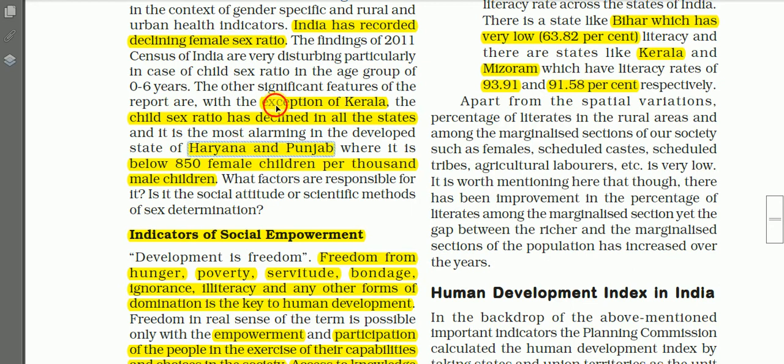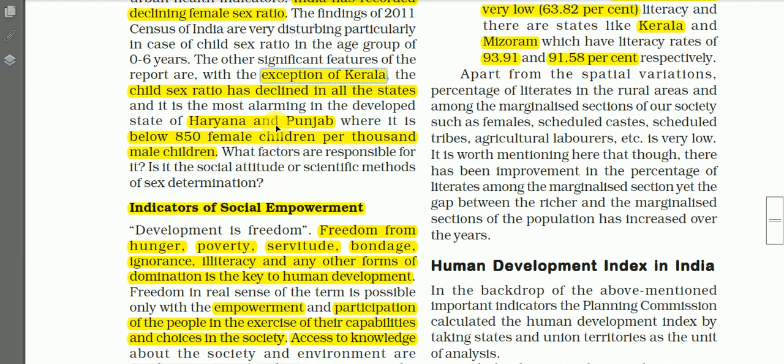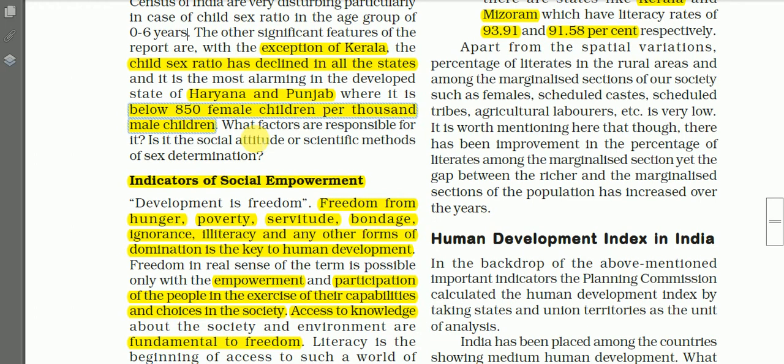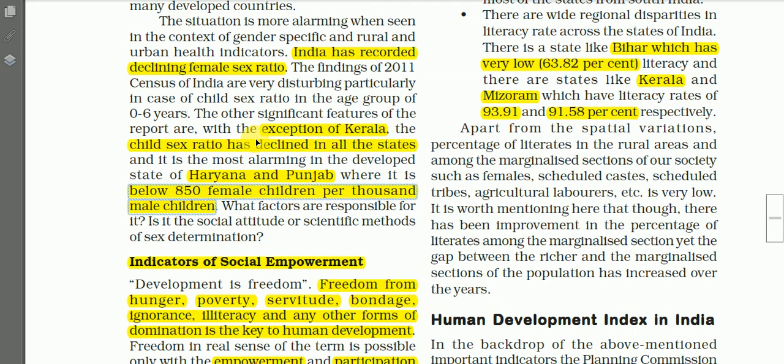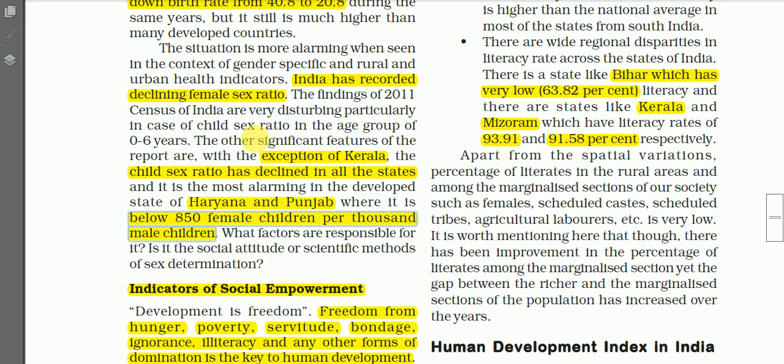But in Kerala, the condition is good, favorable. And in Haryana and Punjab, the child sex ratio is 850 female children per 1000 male children. So this is about the child sex ratio in different states of India.